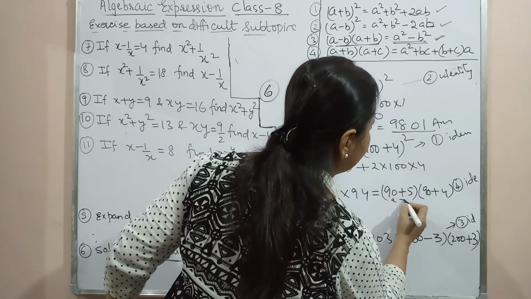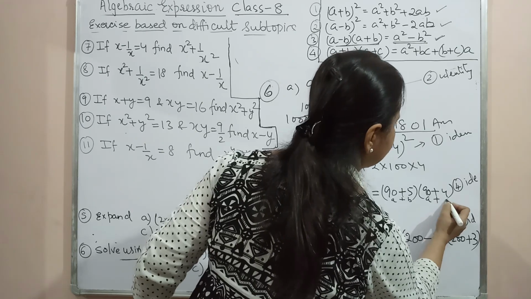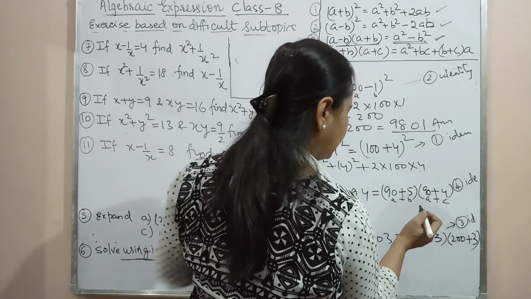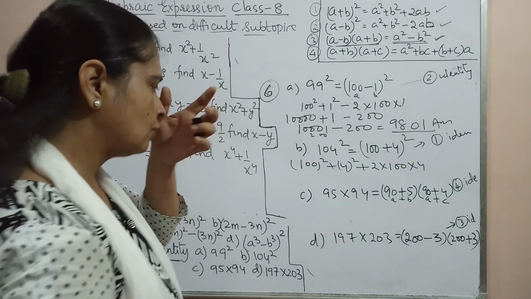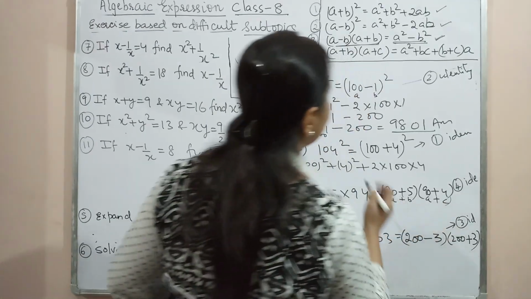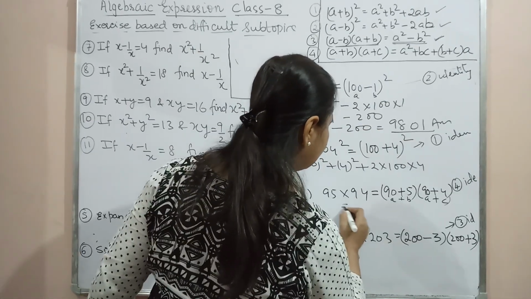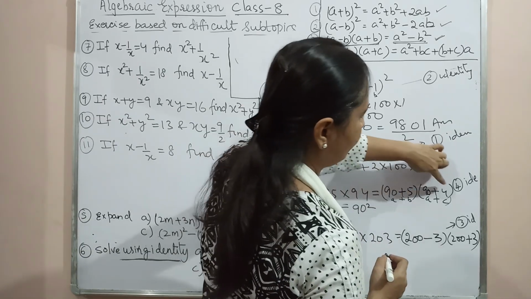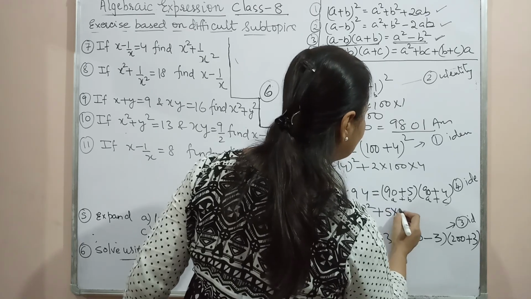Here look, the fourth identity is this: this is a plus b and this is a plus c. What is a? It is 90, and here also a is 90, here b is 5 and c is 4. Now how do we have to solve it? First you do 90 into 90, that means 90 squared. The second is 5 into 4, multiply the last two terms, 5 into 4.